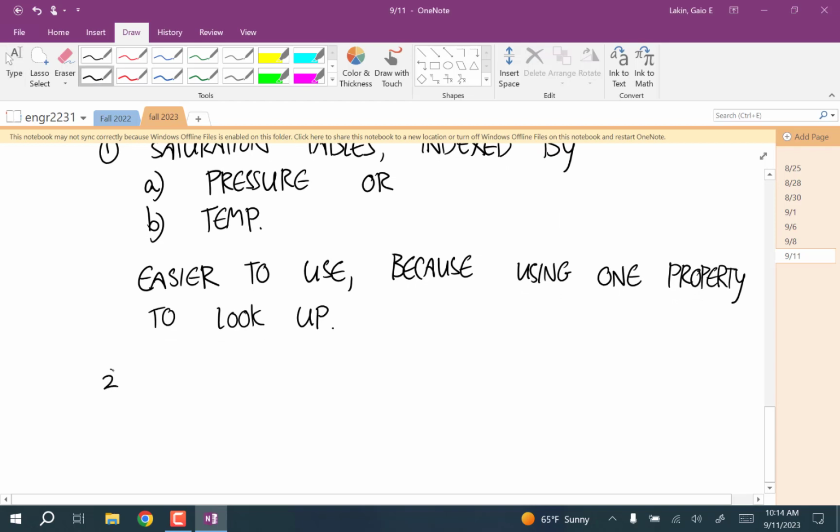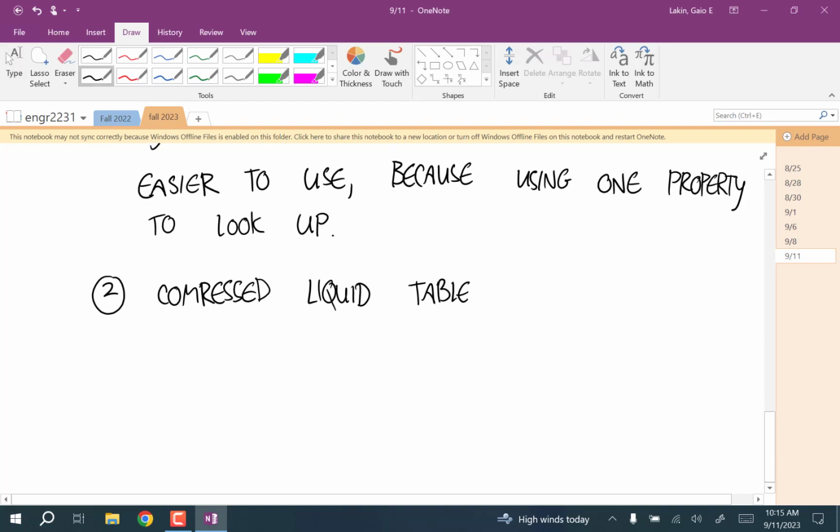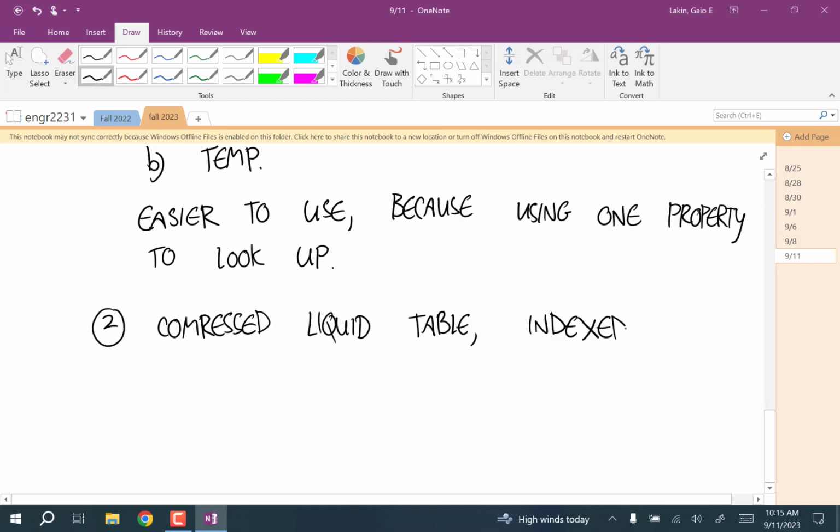Then the second type is a compressed liquid table. For this, you have to look it up using two lookup variables, indexed by both pressure and temperature.